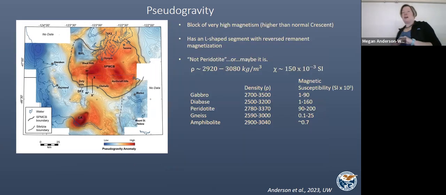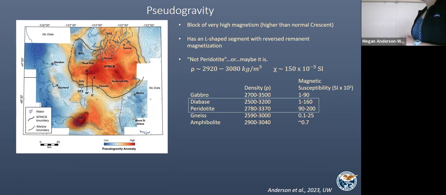If we look at other types of rocks that could be a candidate for that kind of density, I have a list here of different rocks you might expect in the lower crust that have a similar density. And you'll notice that only peridotite and diabase have magnetizations that are closer to what we modeled in our investigation.